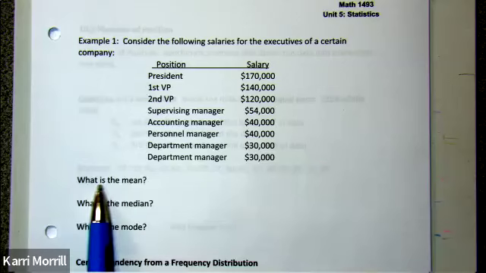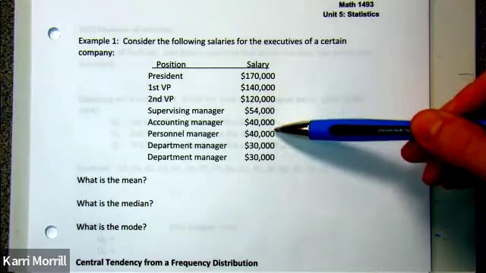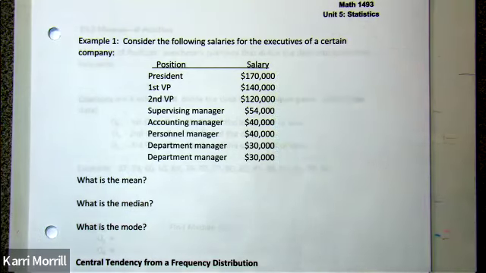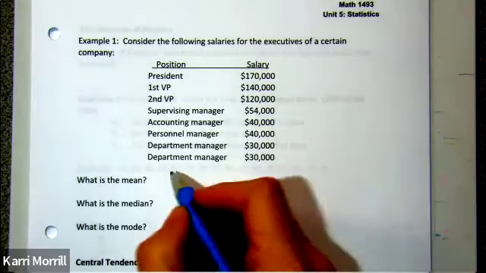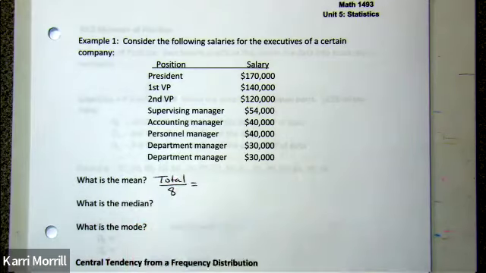So if we were saying what is the mean, we have to add all of these salaries together and then divide by their 1, 2, 3, 4, 5, 6, 7, 8, right? So you'd have to take the total and divide by 8. So it's like 8 different people. We're finding their average salary between all of those 8 people in management.